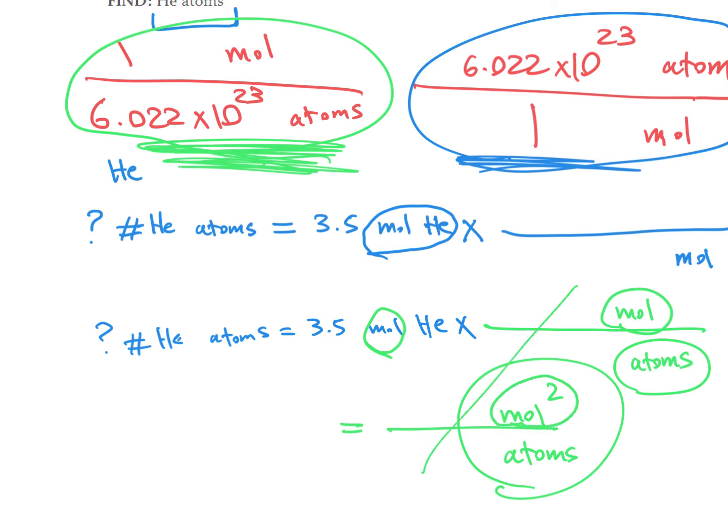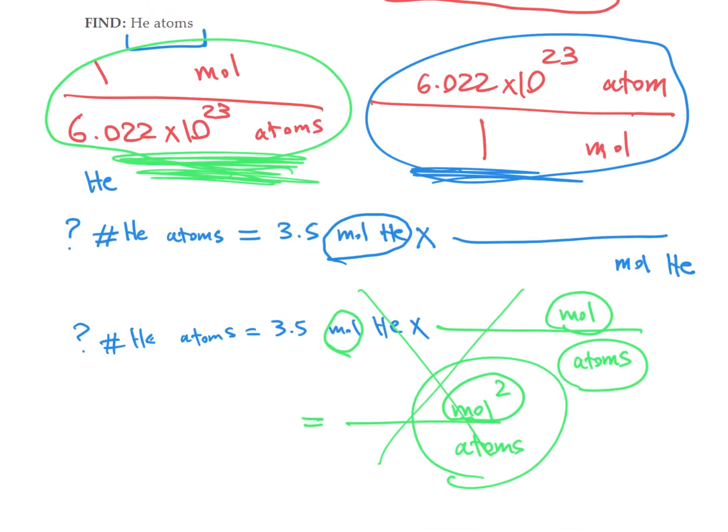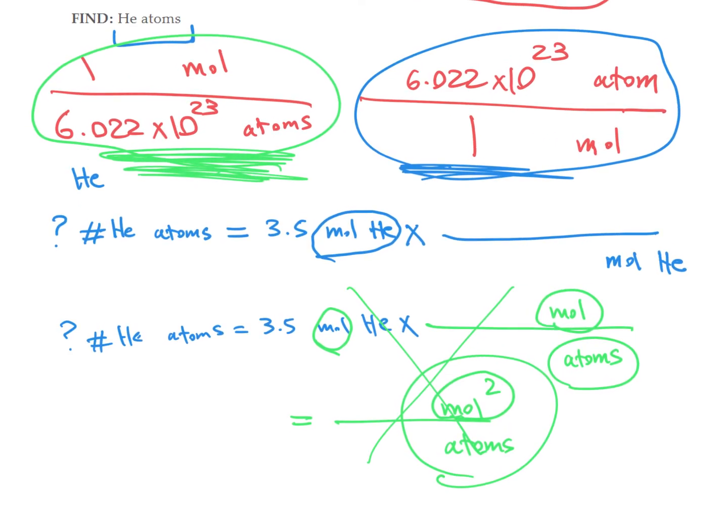You can write that, but it doesn't give you the number of atoms. However, if I write here moles of helium, and then this one with atoms in the numerator, mole with mole cancels out, right? Can anyone tell me what the numerator is here?